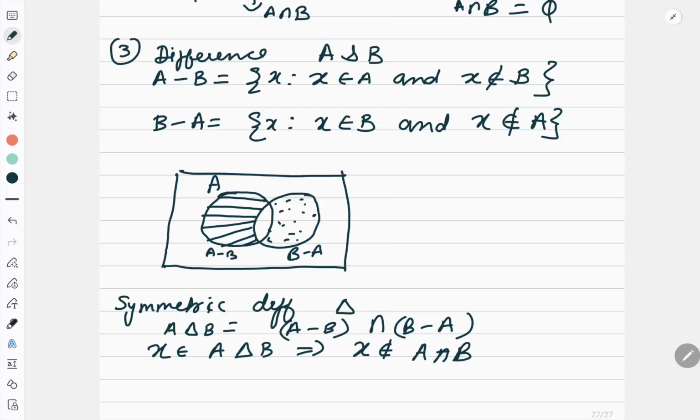Now come to the next concept, which is called the complement. Now, what exactly is a complement?